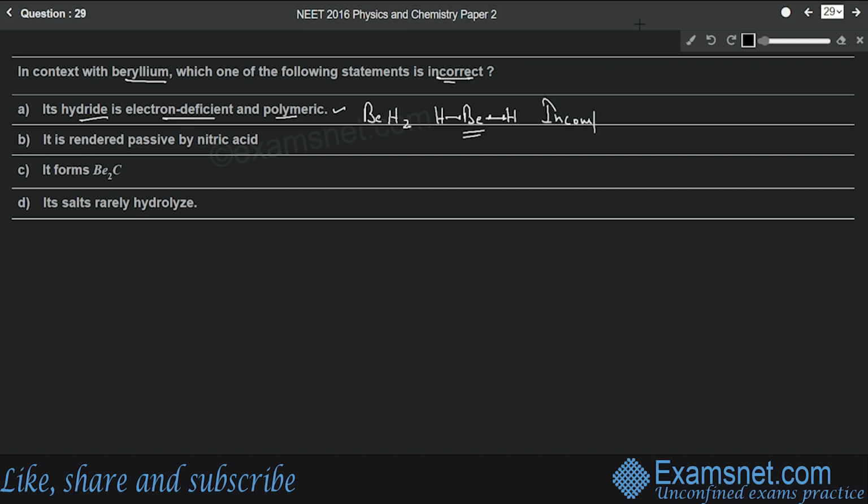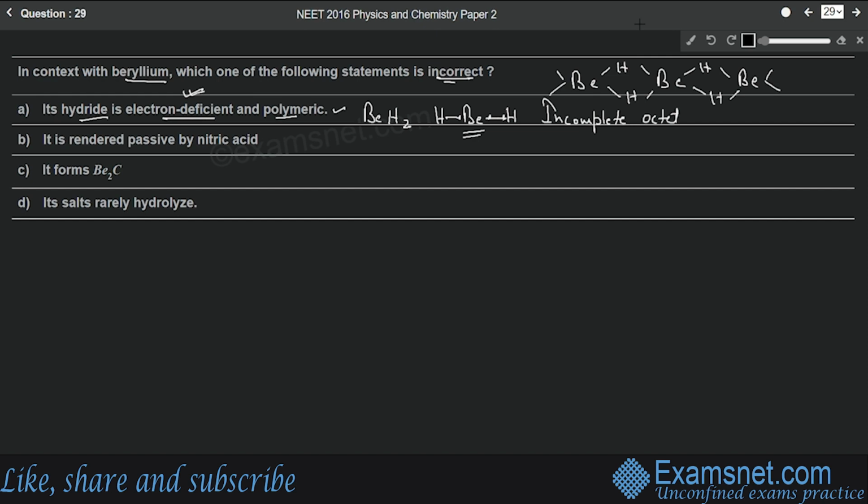And this is the reason why beryllium hydride is considered electron deficient. Now polymeric, because it exists in polymeric form and the structure looks like this. These are beryllium and these are hydrogens. So this is how the polymeric structure looks. So this is a correct statement.